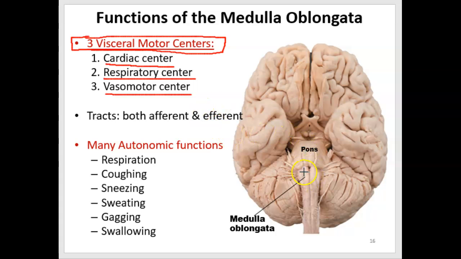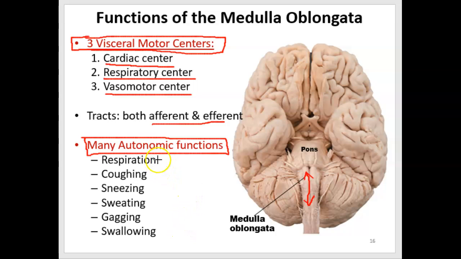The medulla oblongata has tracts of white matter that are both afferent and efferent, which means running in both directions, superiorly and inferiorly. In addition, the medulla oblongata controls many of our autonomic functions, things that we can't control.